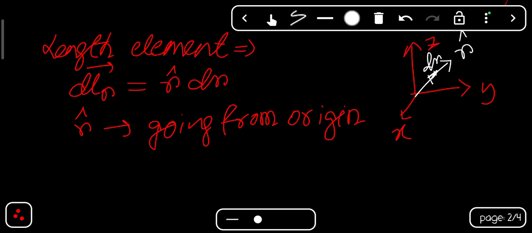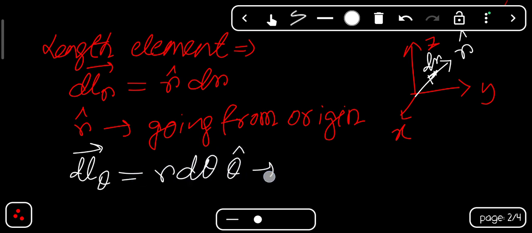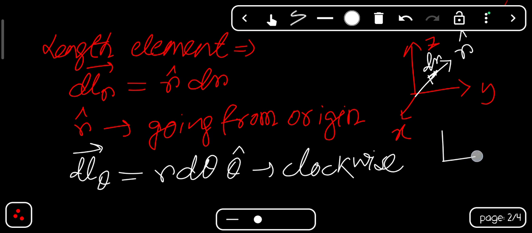Now let's talk about dl theta. dl theta will be r d theta theta cap, in the clockwise direction. These terms are very important. You have to understand the clockwise direction, because in the clockwise direction theta is increasing. How will you understand? Because we discussed earlier that the z axis and the r vector make the angle theta.